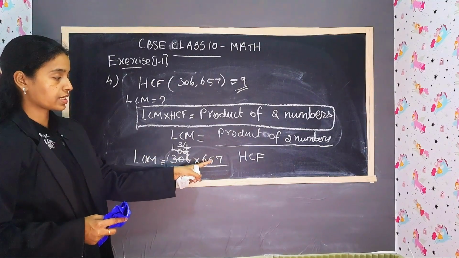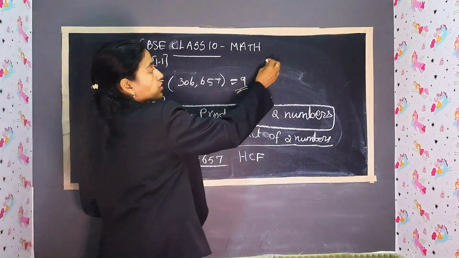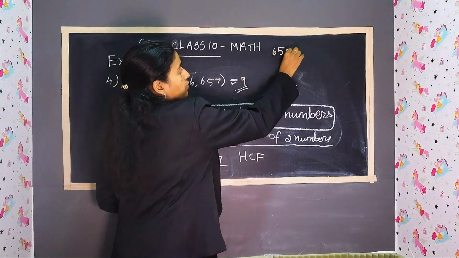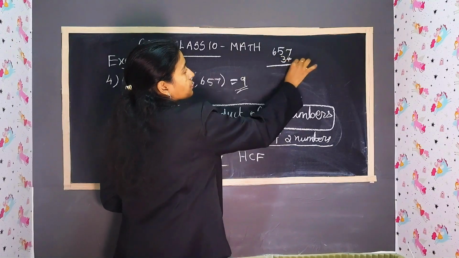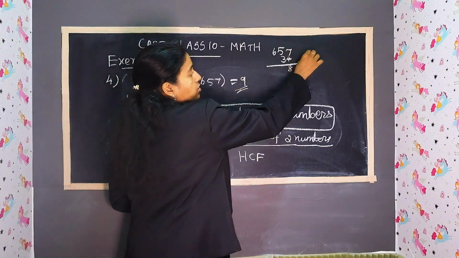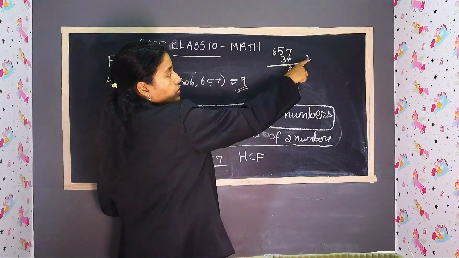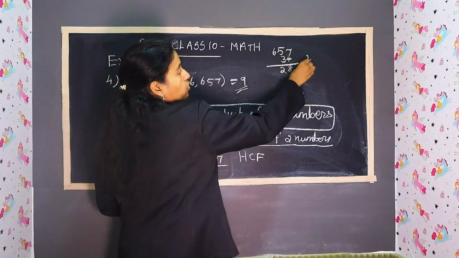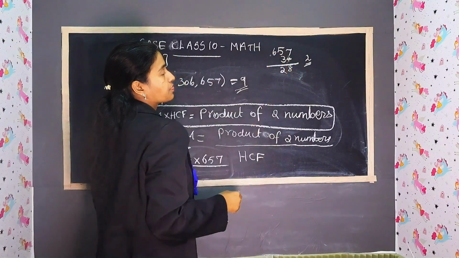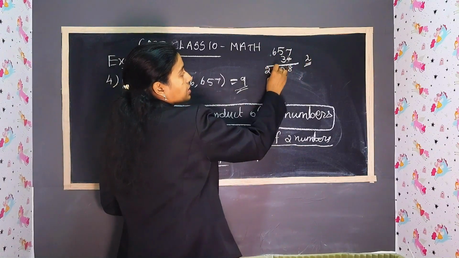34 into 657. How much? 34 into 657. 7 4s are 28. 2. 5 4s are 20. 20 plus 2, 22. Again 2. 4 6s are 24. 24 plus 2, 26.